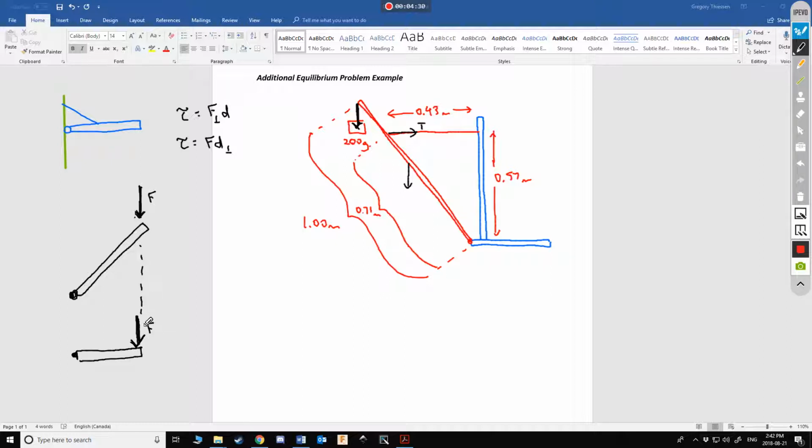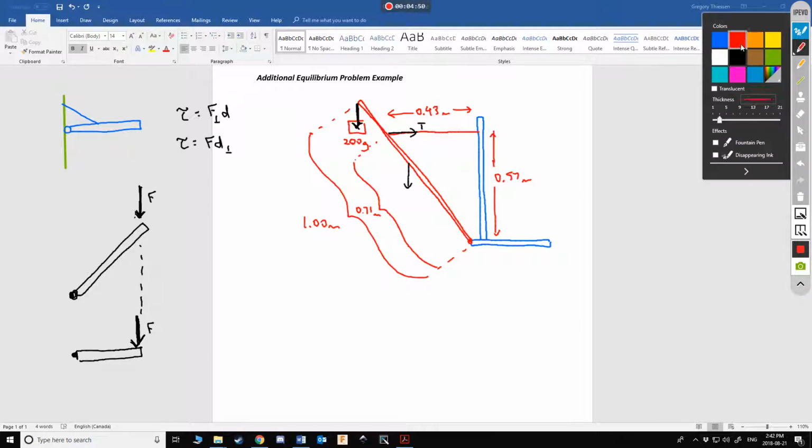So assuming these two forces are the same, even though this arm is longer, because of the angle difference, they will effectively rotate with the same torque. They'll experience the same torque. So for this problem right here, instead of finding the perpendicular force, so what I mean by that is, if I want to find, here's our beam again.